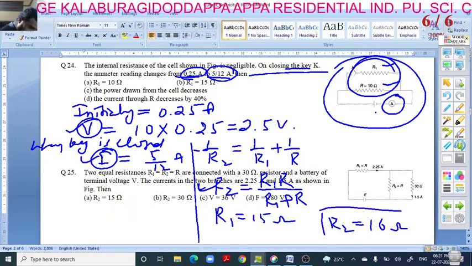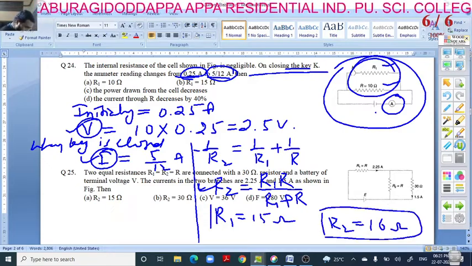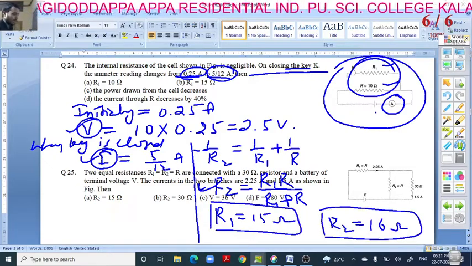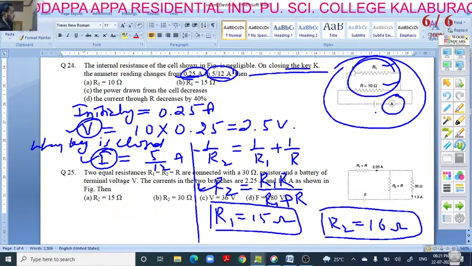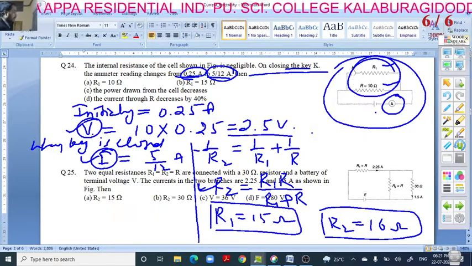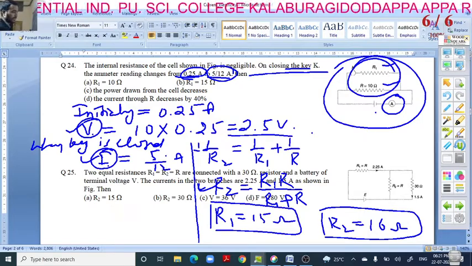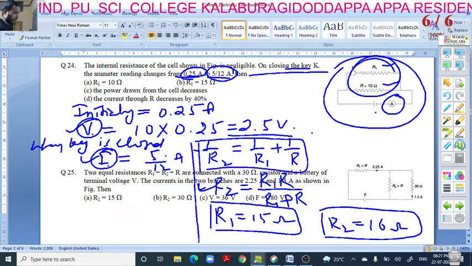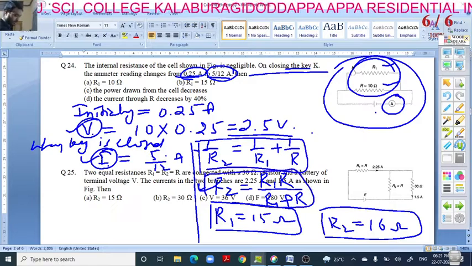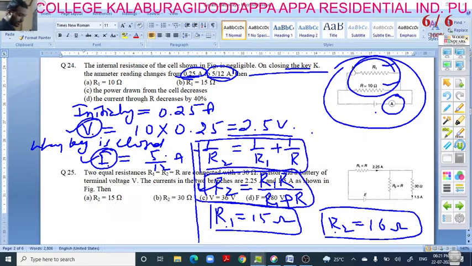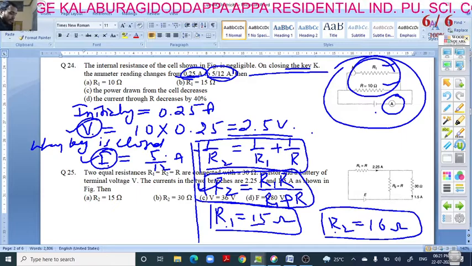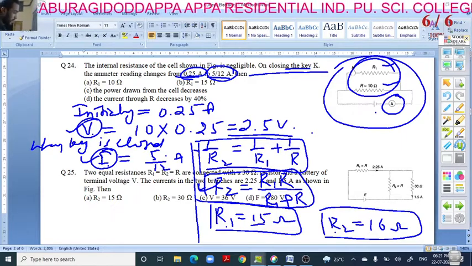Using V is equal to 2.5 and I is equal to 5 by 12, we will get R1 is equal to 15 ohm, R2 is equal to 16 ohm.